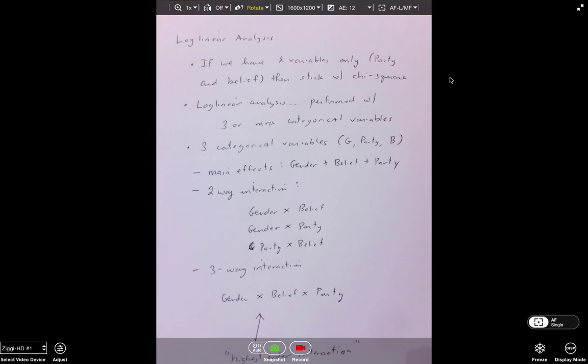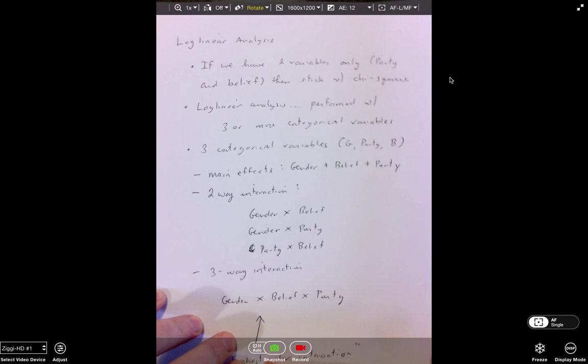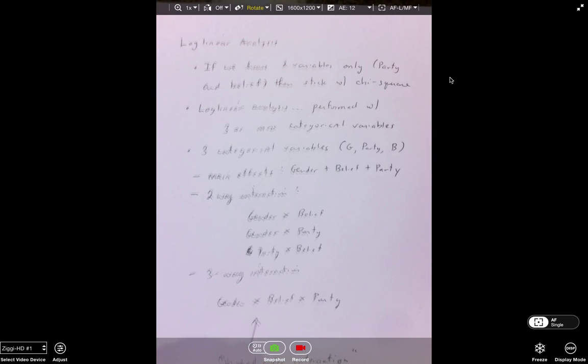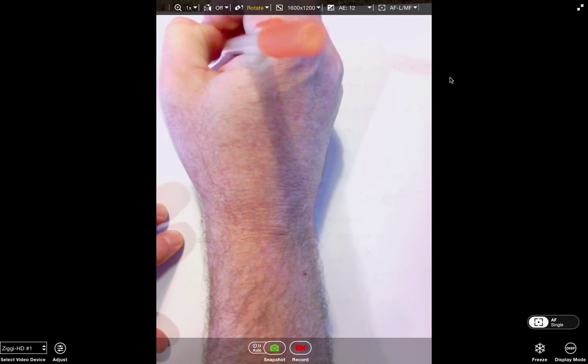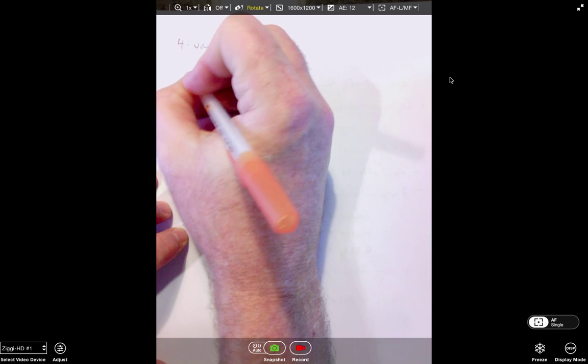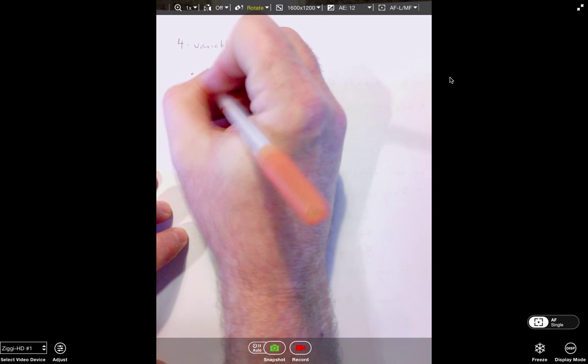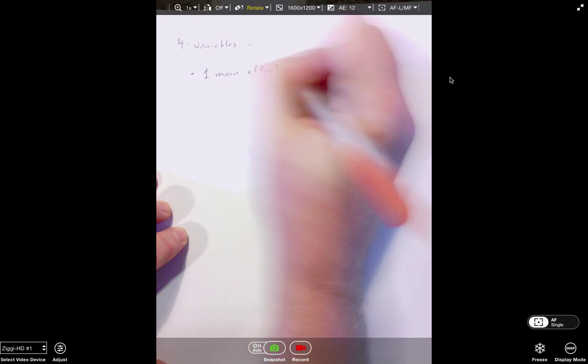Now, just kind of think ahead here. What if we had 4 variables? Which you will. All right, what if we had 4 variables? So first of all, we would have one main effect for each variable.